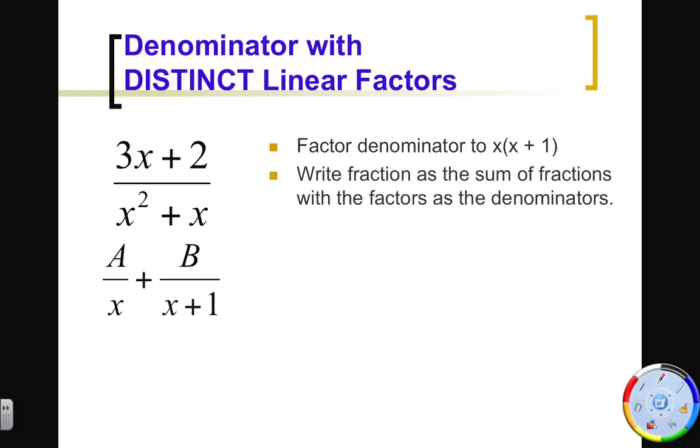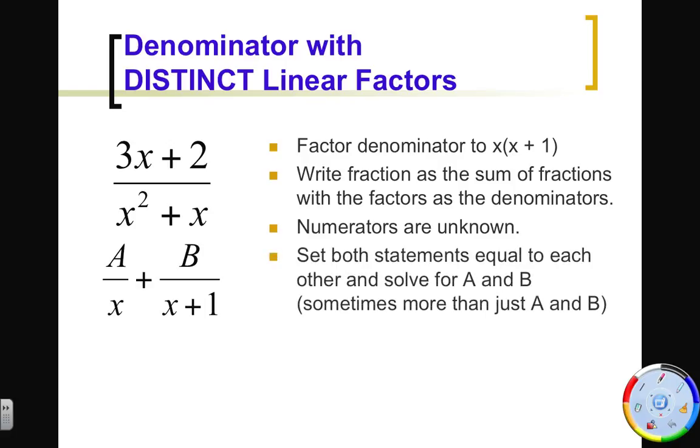Our initial fraction is 3x plus 2 over x squared plus x. Once I factor it, those are the denominators of my sum. And notice I don't know A and B. Those are my unknowns. So I've split this fraction into two fractions where my factors are my denominators. So x times x plus 1 became x as a denominator and x plus 1 as a denominator.